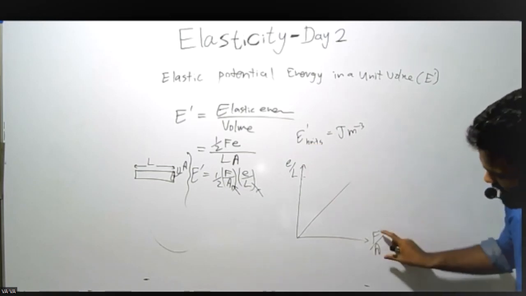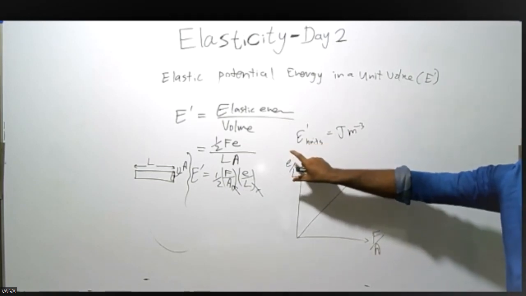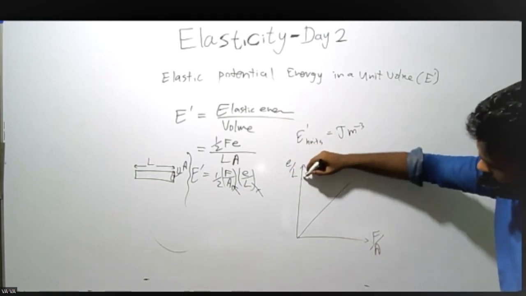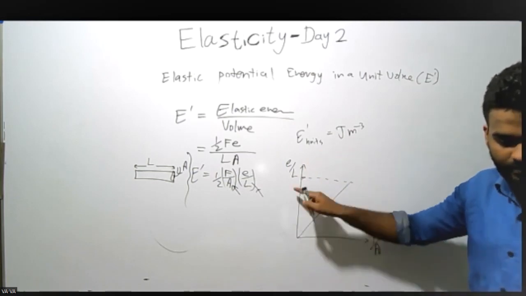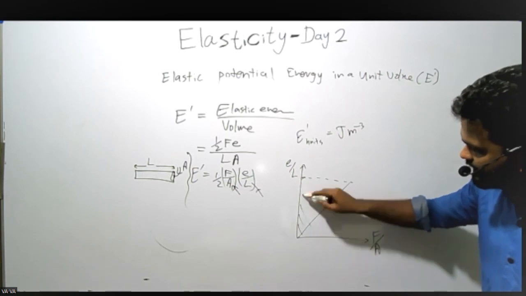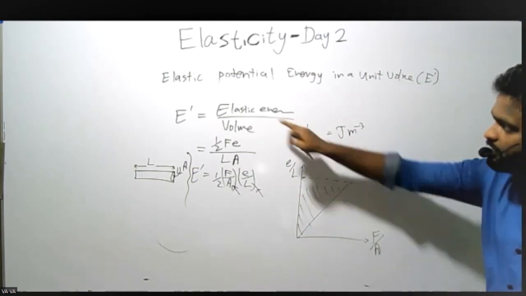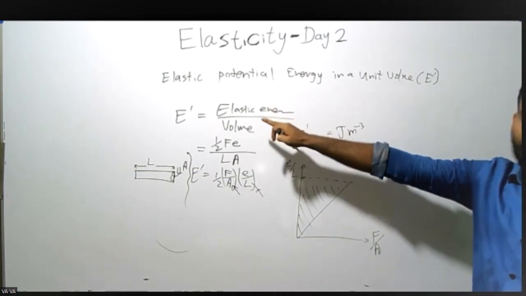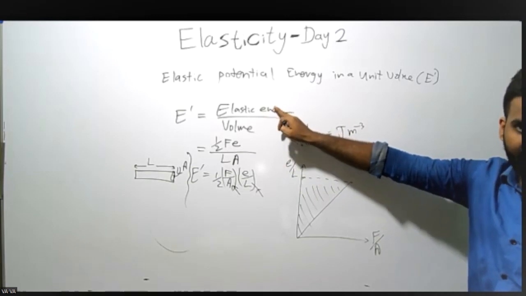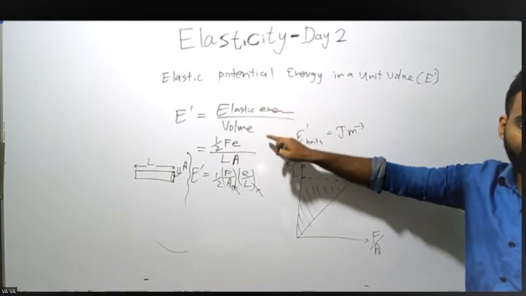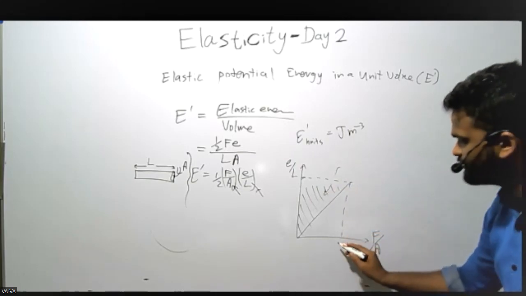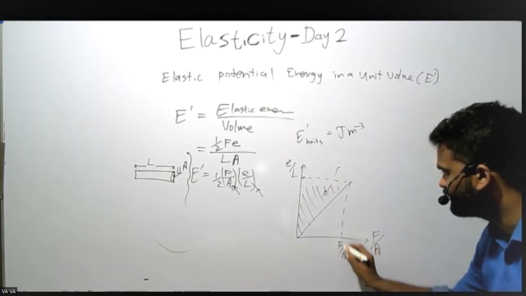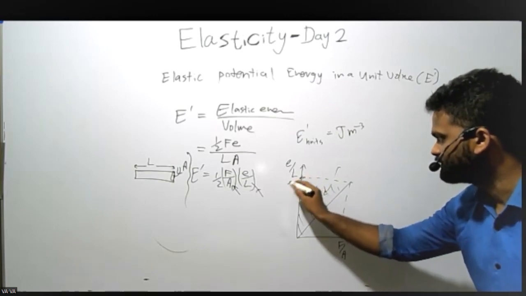You can put E over L here and F over A here, it doesn't matter. But the area of the graph should always be with the strain axis. So this area gives us the energy in a unit volume. So this value is F over A and this value is E over L.